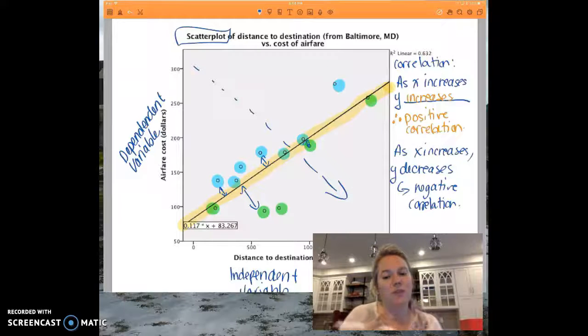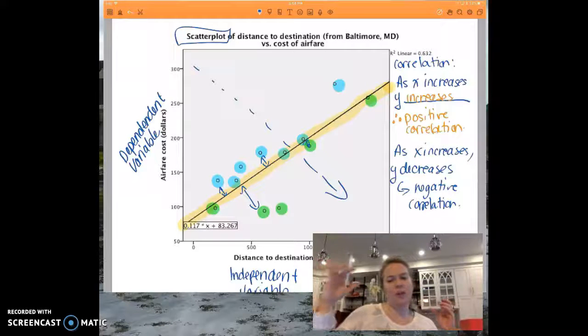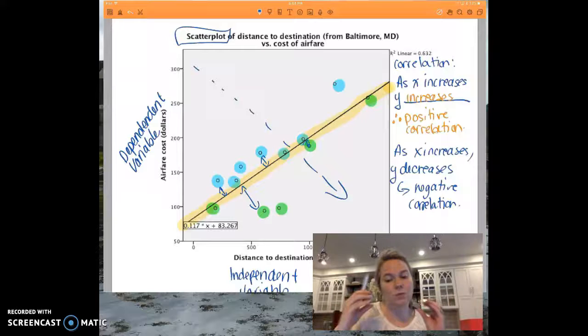It's really important because it gives us an idea of what the true relationship actually is. Even though there are things in real life that make the data fluctuate, the line of best fit is trying to control for them and give us an idea of what the actual relationship behind the scenes is.